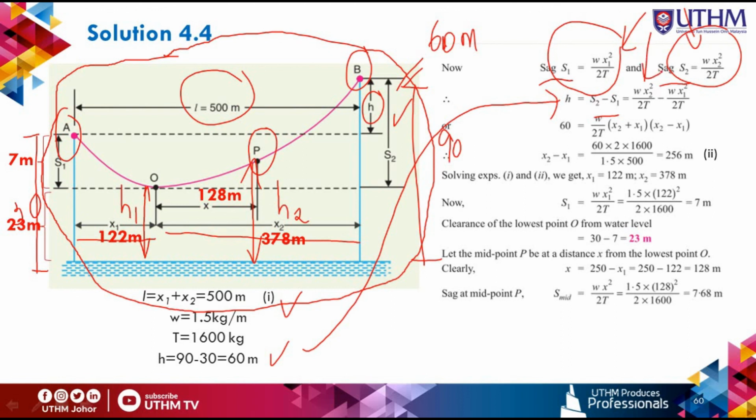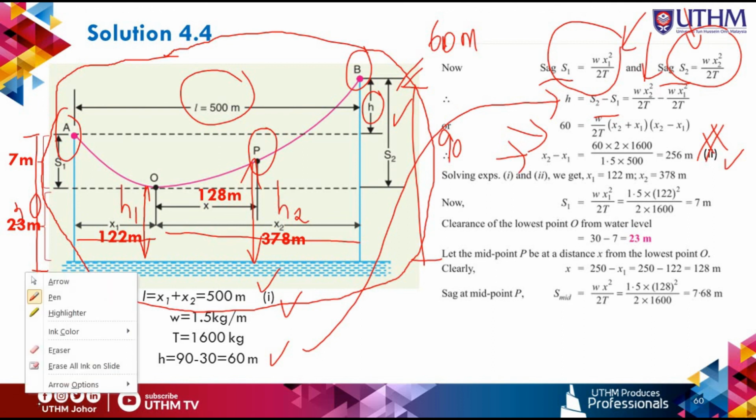Then you get the next equation, and lastly you get x2 minus x1 equivalent to 256 meters. This is the second equation. Then you solve the first and second equations to get x1.